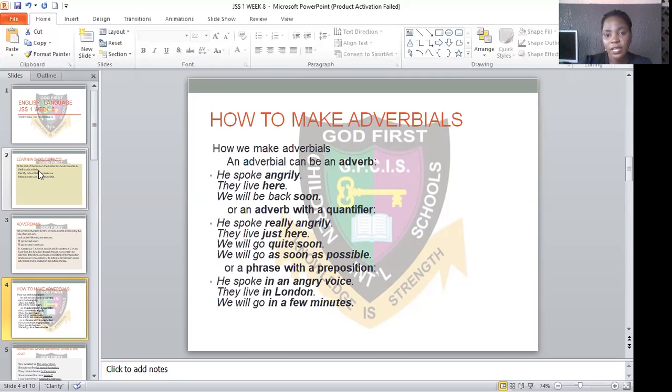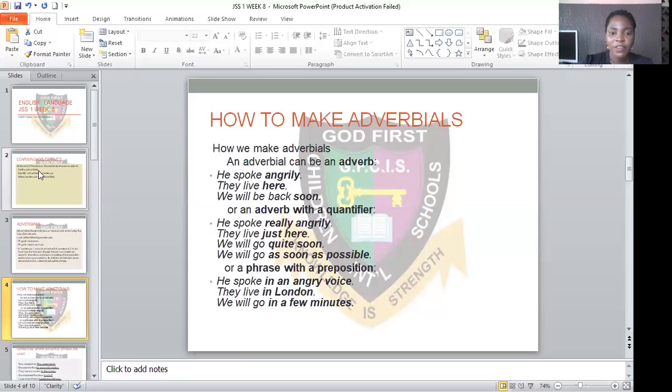Soon is also an adverb. Looking at the first sentence, he spoke angrily, it answers the question in what manner? And that is an adverb of manner. They live here answers the question where, and that is an adverb of place. We will be back soon. Soon answers the question when, and this is an adverb of time.